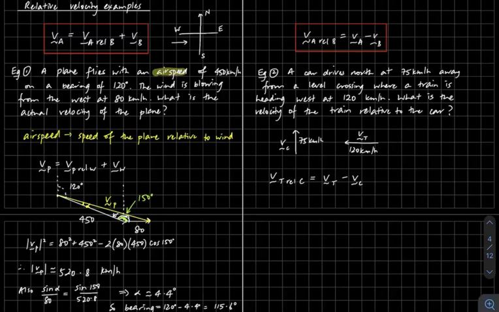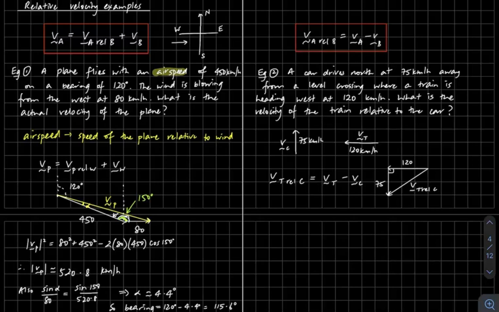So if we do that as a vector sum, velocity of the train, let's just move that up a bit, so velocity of the train minus the velocity of the car. So there's going to be the velocity of the train relative to the car.